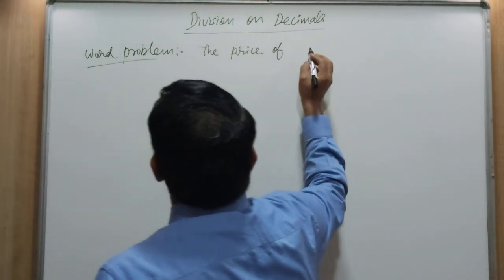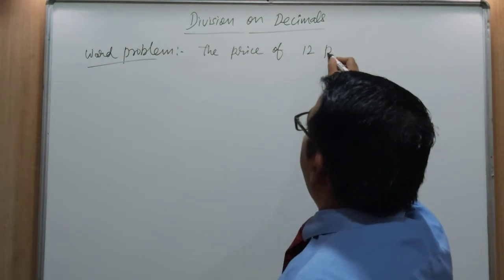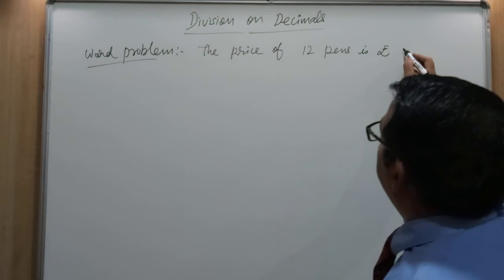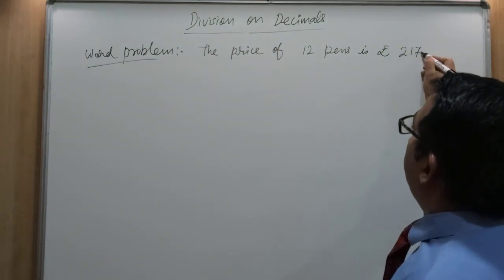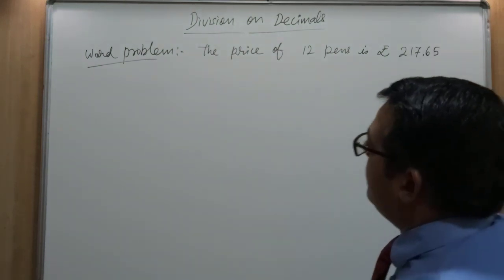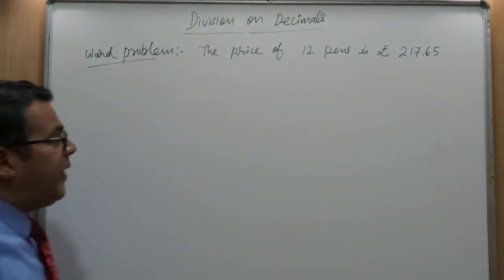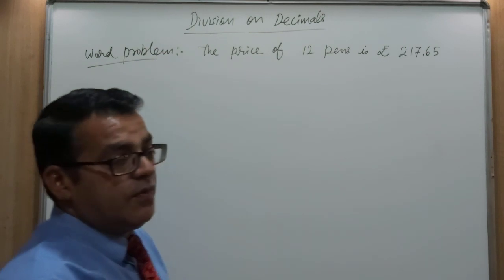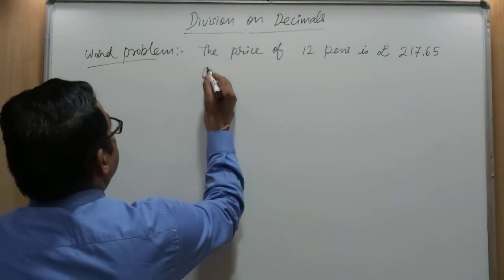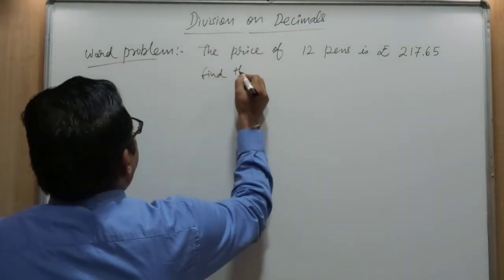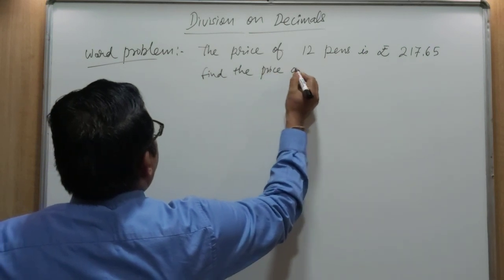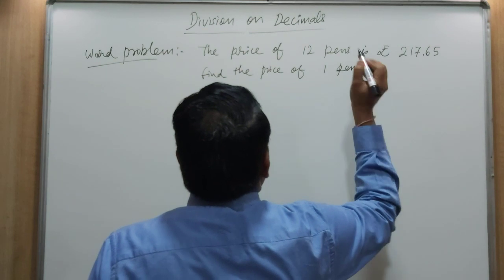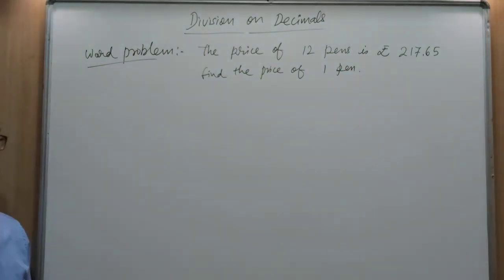The price of 12 pens is rupees 217.65, that is, 217 rupees and 65 paise. Find the price of 1 pen. This is the word problem question.